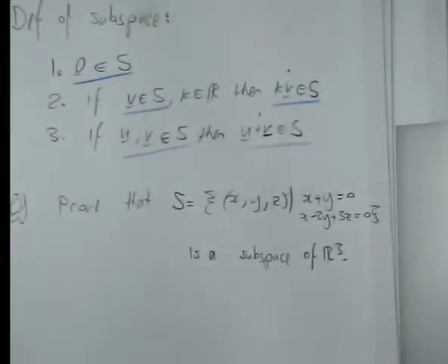Okay, so I have the set, the 2 equations are x plus y equals 0, x minus 2y plus 3z equals 0. I'll write them bigger in a minute. Prove that that is a subspace of R3.